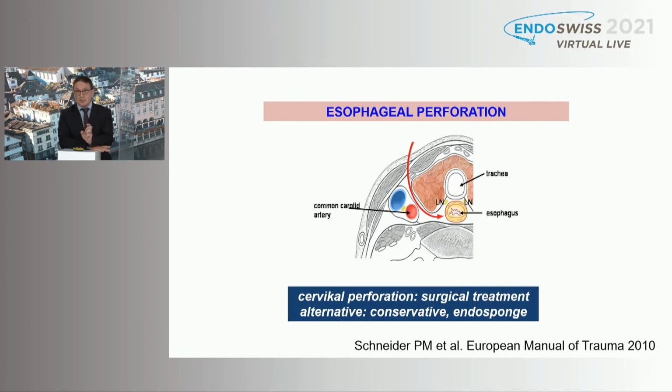Sometimes you can do it conservative, sometimes endosponge. I will give you my position in a short period of time, but I want to stress the point that in a perforation you have to call an esophageal surgeon and discuss the case with him.